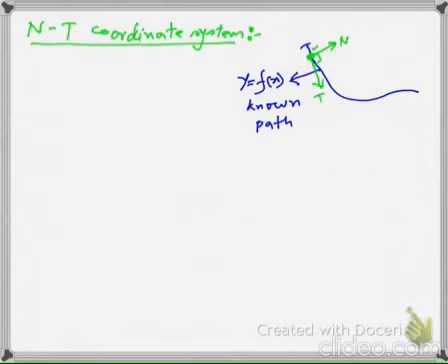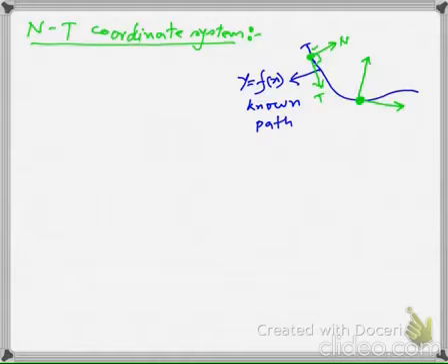Now if my particle is currently here, after traveling a certain distance over a certain time, the origin will be here, and I will have the normal and tangent in this direction.